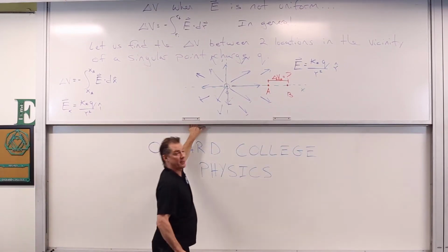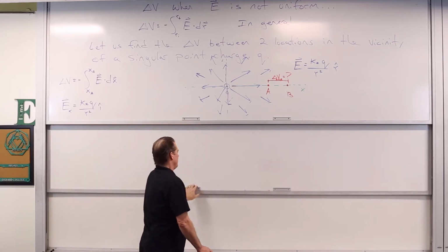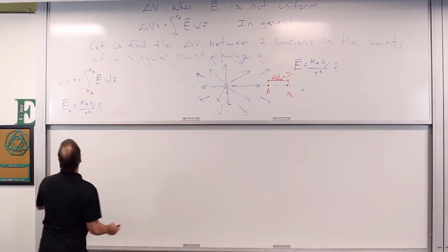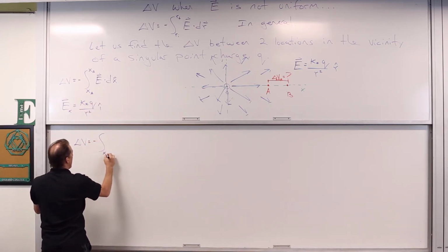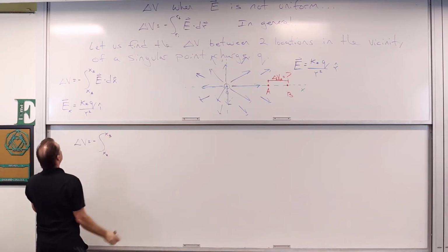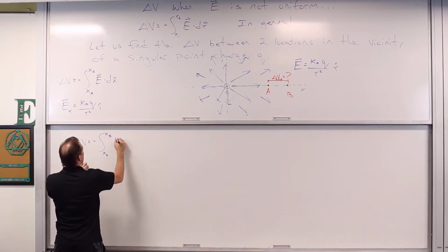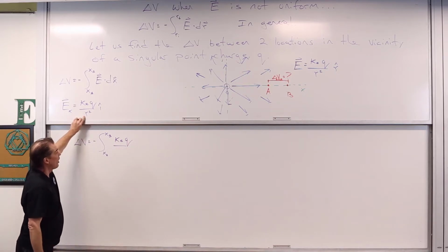Well, we can start to think about getting rid of that dot product, number one. So let's go ahead and do this. We'll stick that up in there, and we can write then that delta V is equal to the negative integral from x sub A to x sub B of k sub E q over, well, this r can also be changed to x because it's a distance away.